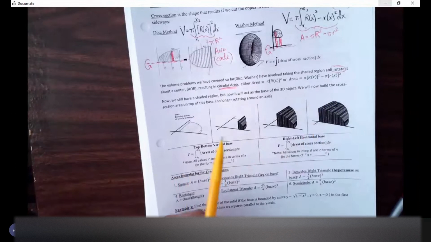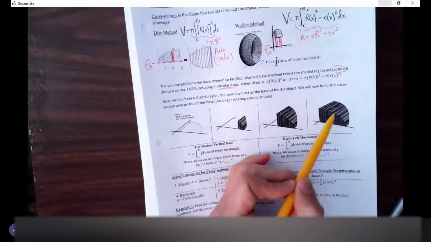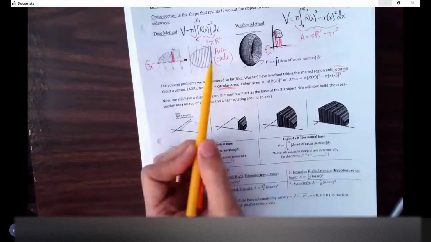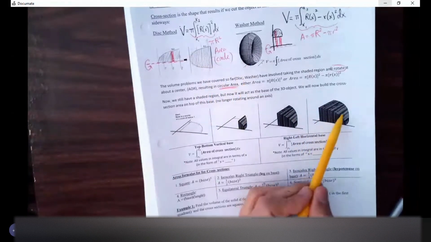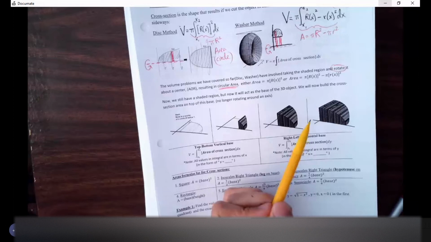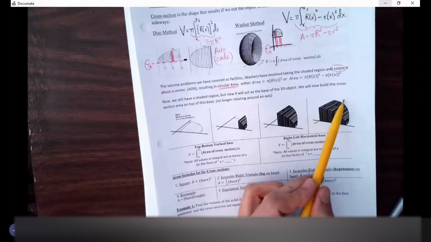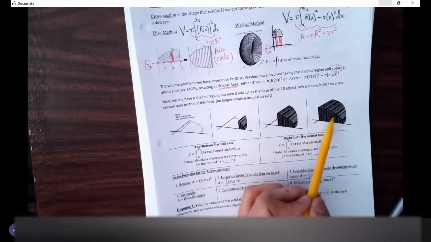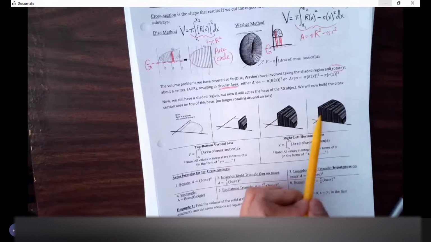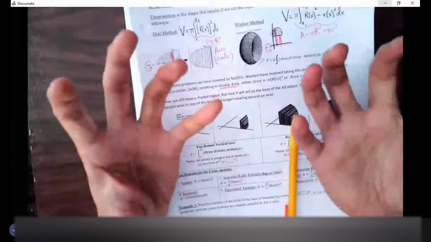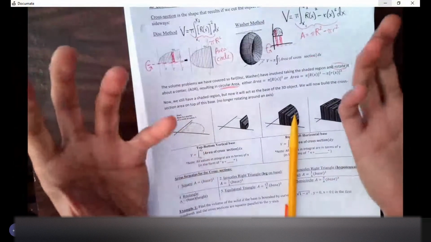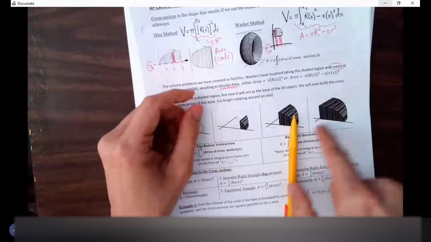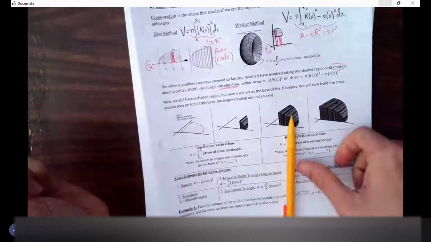Even though this is not an object that we recognize from everyday life, we don't have to draw it. We just have to understand that whatever object we create, there's this consistency where no matter where I open this up, here or here or here, I'm going to get differently sized squares, right? But they're all going to be squares, as long as I'm slicing it in this orientation.